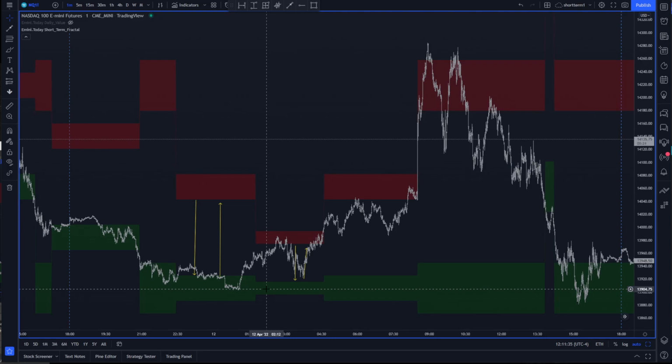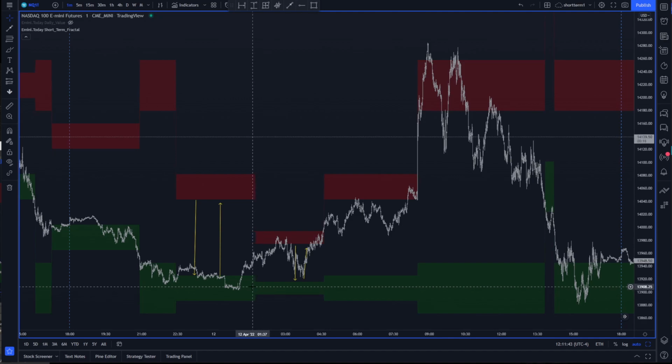This study calculates some distance of time and checks the historical volatility, and it basically works like, for example, Bollinger Bands: the longer the price is contracting and going sideways, the more the distance between the bands is going to shrink.